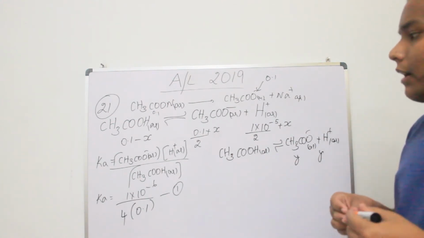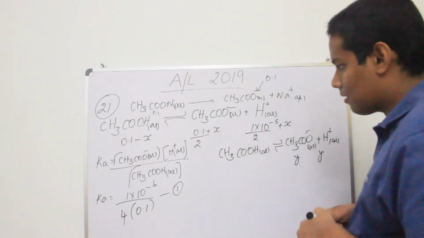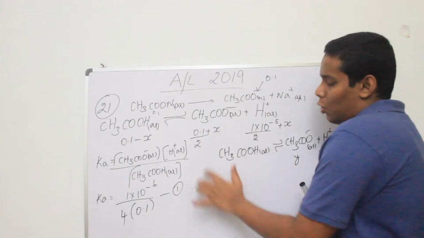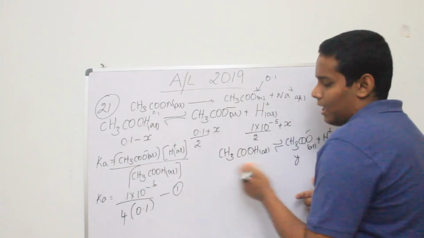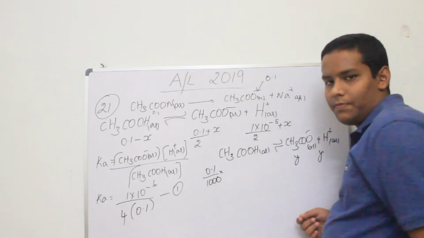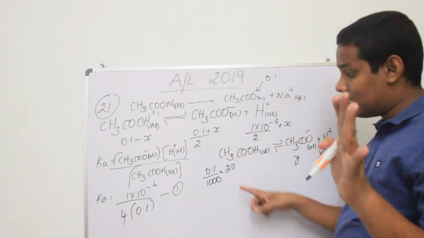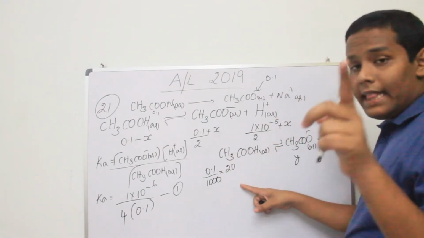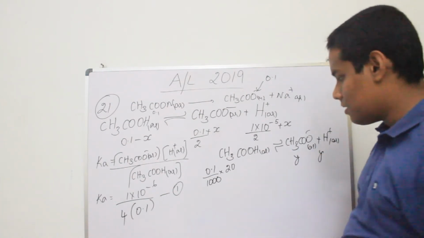So now the total weak acid solution within our mixture, the total new CH3COOH aqueous concentration, how can you find? We have 0.1 over 1000 into, from this we are taking 20 cubic centimeters. This is the number of moles of COOH that came from the initial solution.